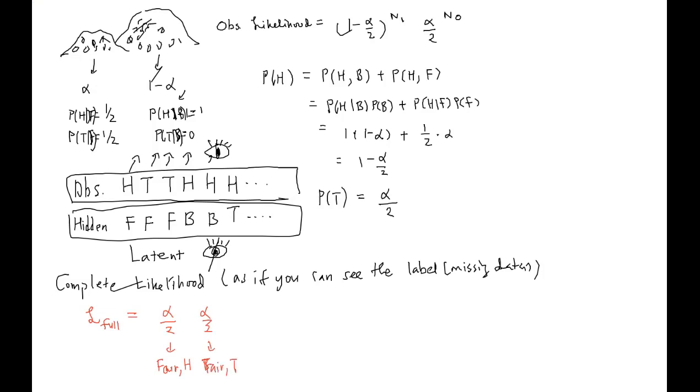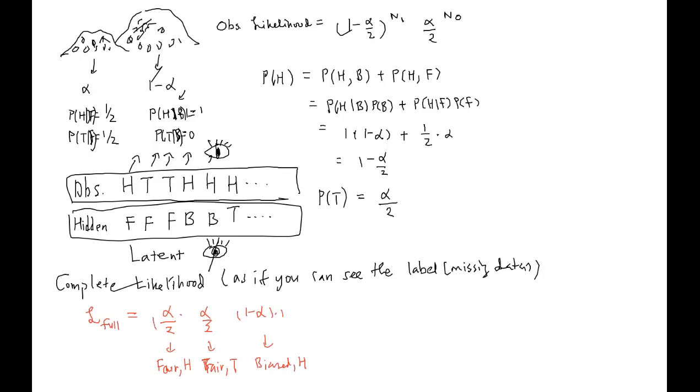Then you have 1 minus alpha times 1, which is the biased coin hit. The other one, you can never observe it, so it's not present here. So only these 3.